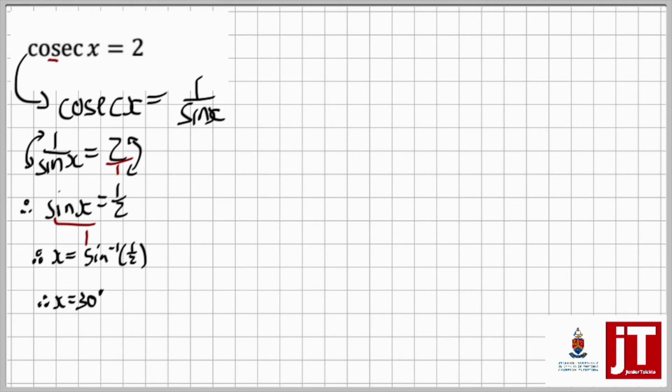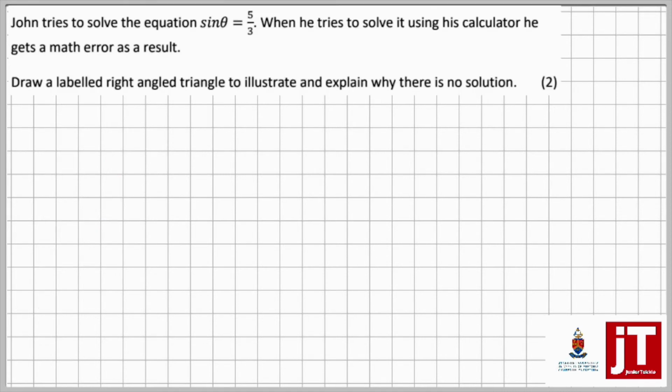Let's look at the last question in this topic. When I look at this, oh my goodness, this is a Mr. VG special. John tries to solve the equation sine of theta equals 5 over 3.